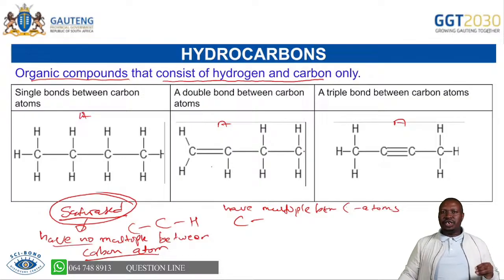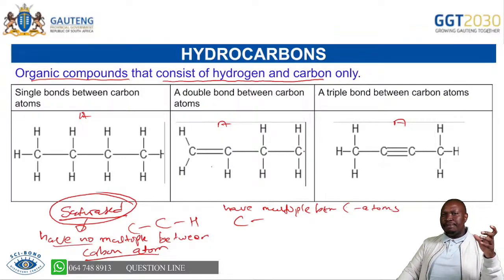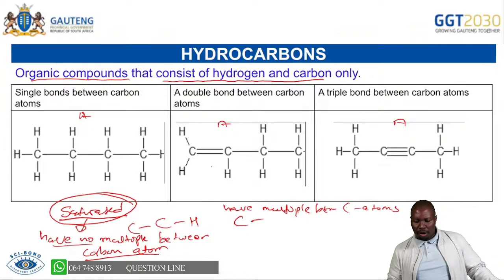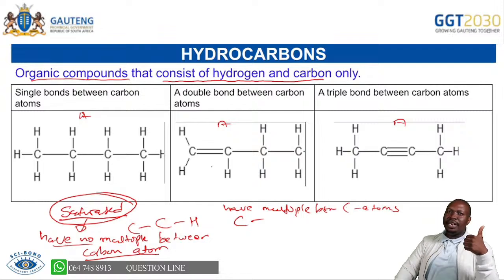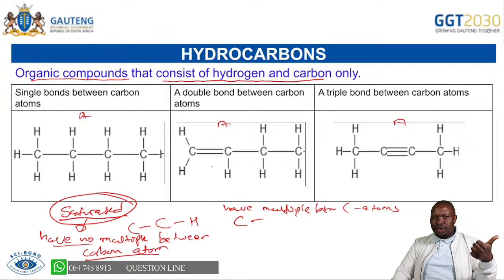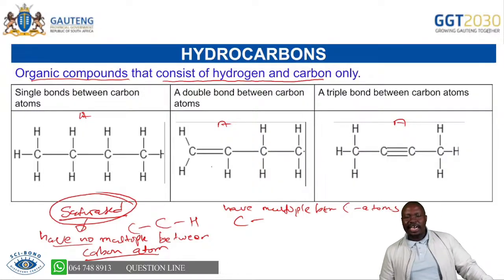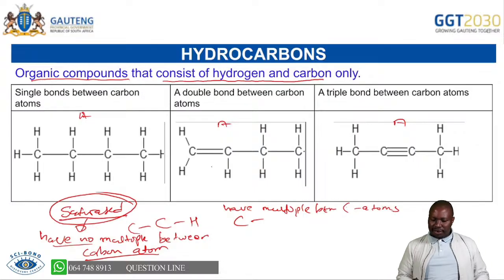Now we define functional group: a bond, an atom, or a group of atoms that determines the physical and chemical properties of organic molecules. Now we're defining hydrocarbons: organic molecules made up of hydrogens and carbons only. These hydrocarbons can be saturated or unsaturated. Saturated means they have no multiple bonds between carbon atoms. This is the condition for saturated.